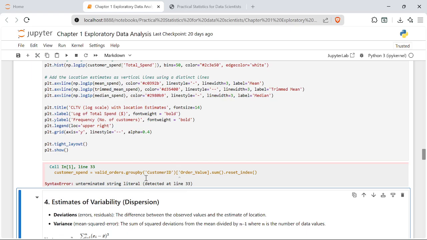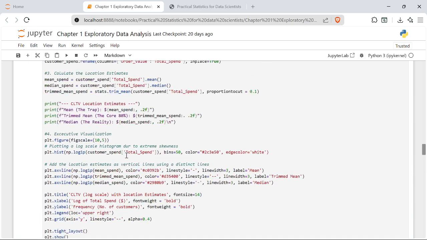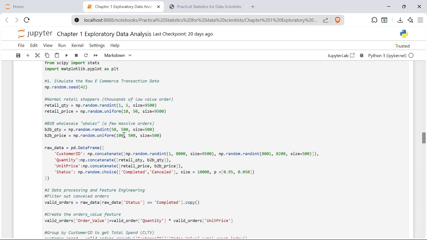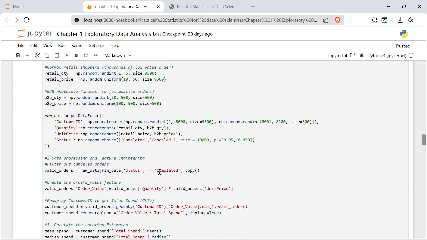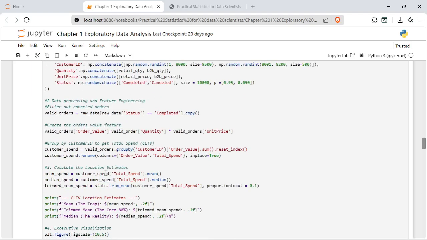Okay, unterminated string literal at line number 33. Customer spend. Okay.